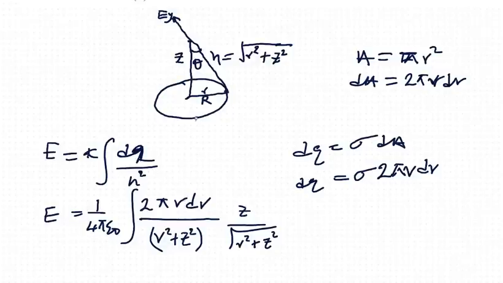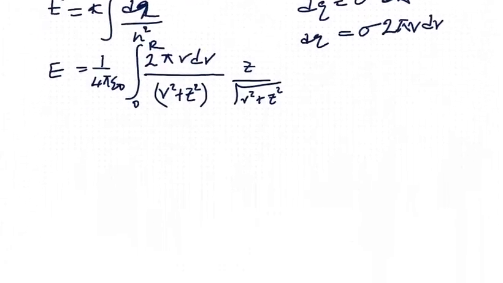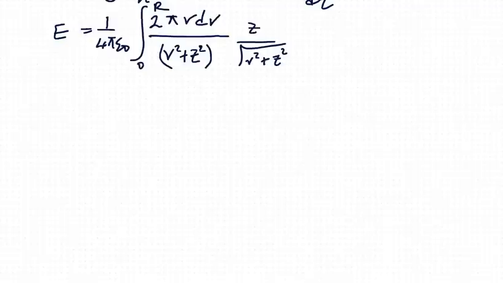Before the simplification, the center of this is 0, and up to this end is r. So we are integrating from 0 to r, and let's simplify.